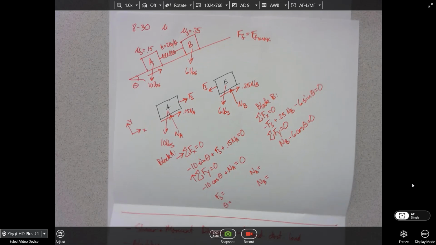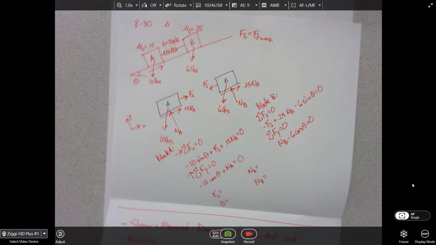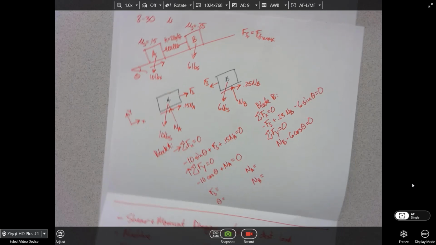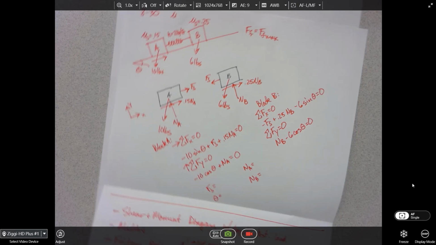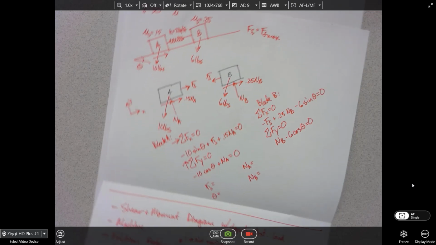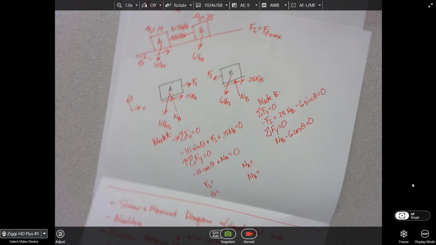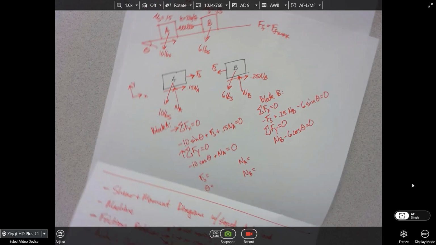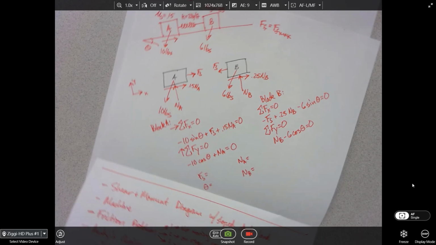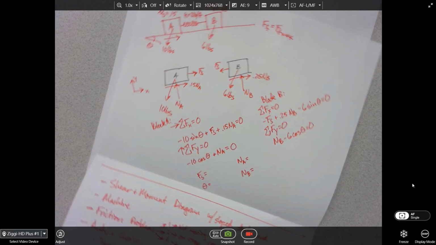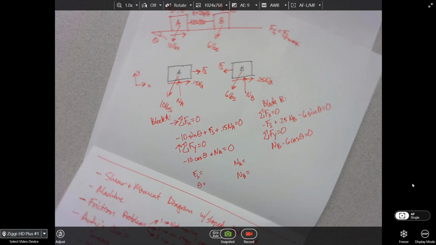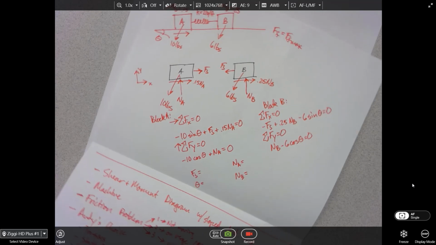At block B, the sum of the forces in the x has to be equal to 0. So that looks like negative the force of the spring plus 0.25 N_B minus 6 sine theta equals 0. I introduced a new variable there, so now I have 4 unknowns.